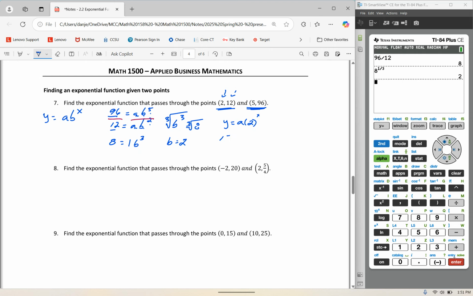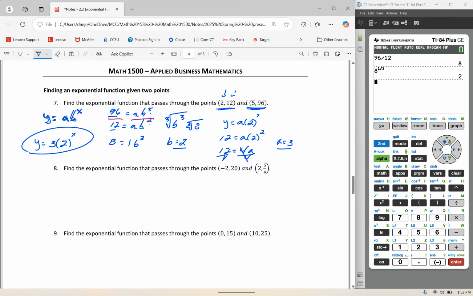So if y is 12 when x is 2, 12 is equal to a times 4. Divide both sides by the 4, and a is equal to 3. So I have the exponential function y equals a times b to the x. b is 2, a is 3. y equals 3 times 2 to the x. And there's my exponential equation.